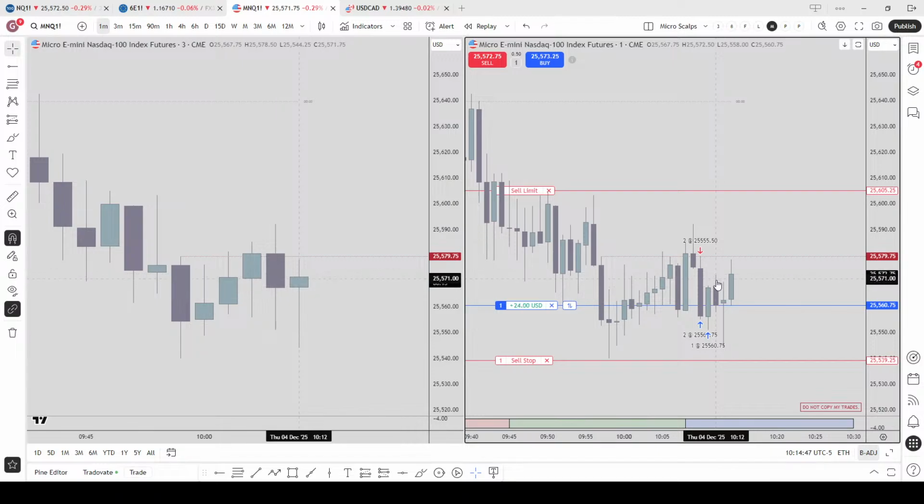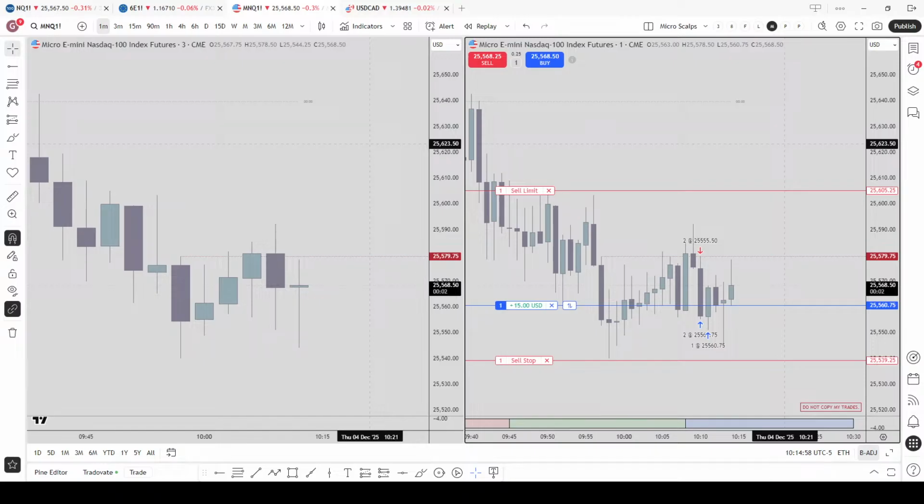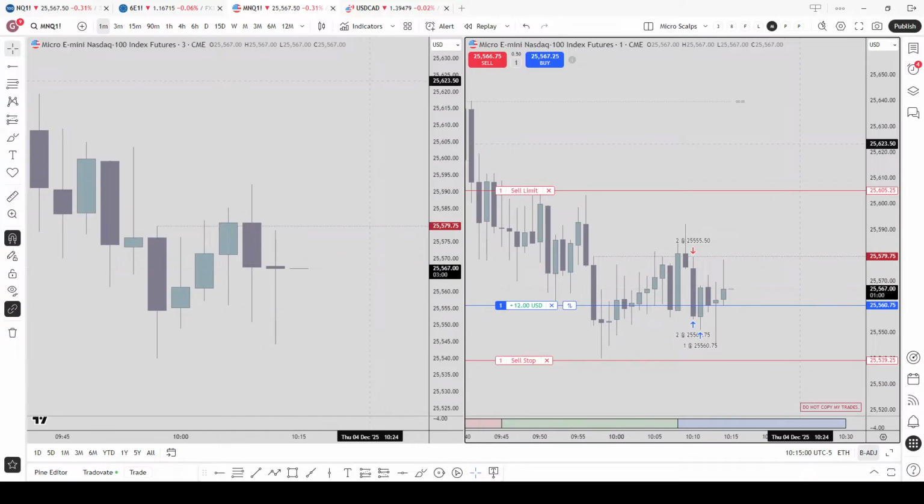So we have a CSD right here very soon that is going to give us the ability to shift the stops here. We're gonna have to see. Okay, not yet.